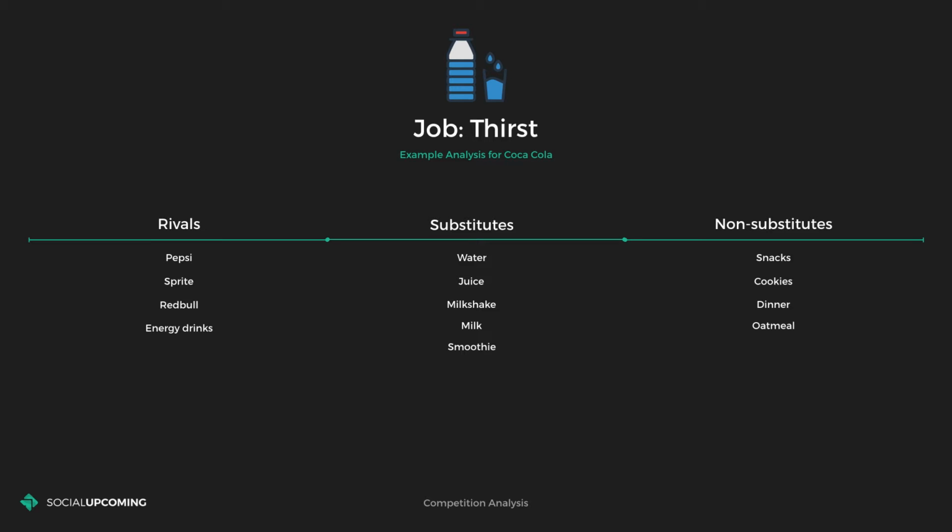And by analyzing and mapping out different rivals, substitutes, and non-substitutes, you will know how can I compete with them, how can I outperform them, and how can I market myself in a different way so that I appeal to all segments. Because Coca-Cola has marketing strategies that make them appealing and interesting for both people or the customers of their rivals, their substitutes, and non-substitutes.